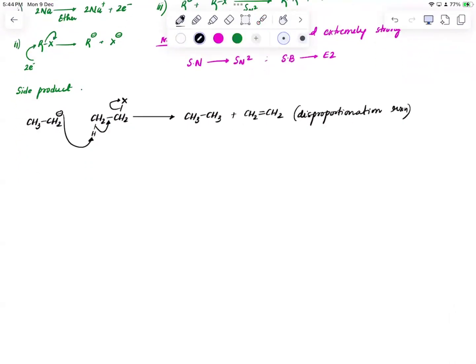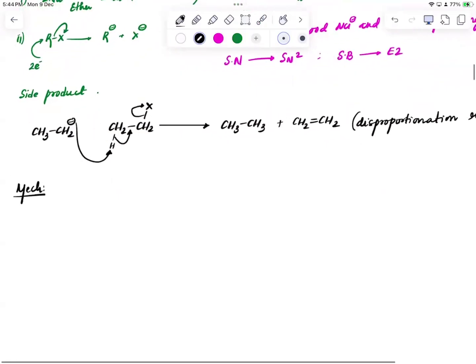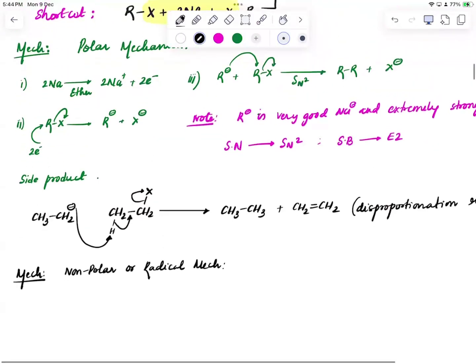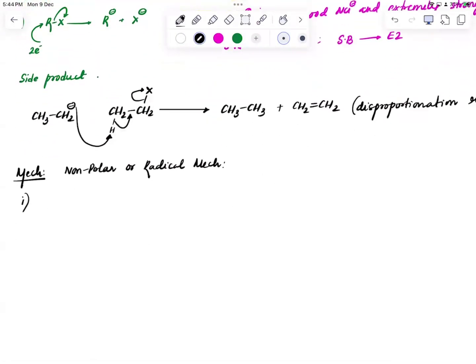The other form of mechanism which is accepted is the non-polar or radical mechanism. Okay. Now, check out the first case here. We could imagine it like this. Sodium in the presence of ether will become Na plus, releasing one single electron.